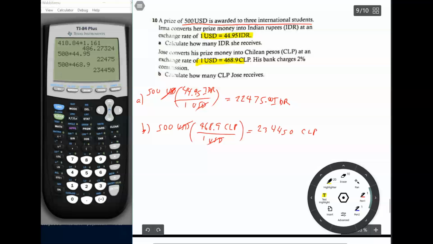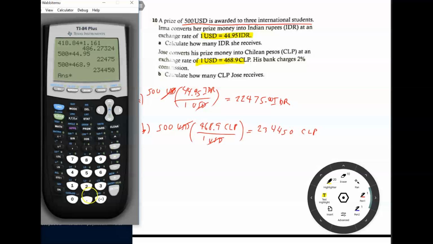He also says that the bank charges 2% commission. I'm going to subtract 2% out from this. Another way to subtract 2% commission is to multiply by 98%, because 98% is what's left after you subtract out 2%. So I could do times 0.98.